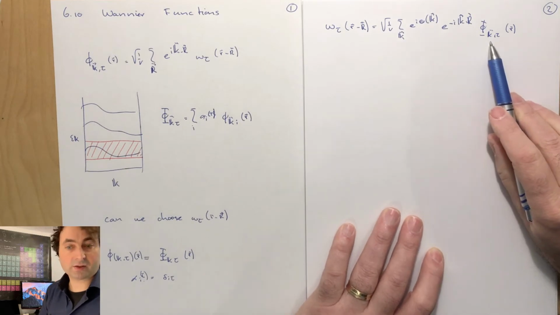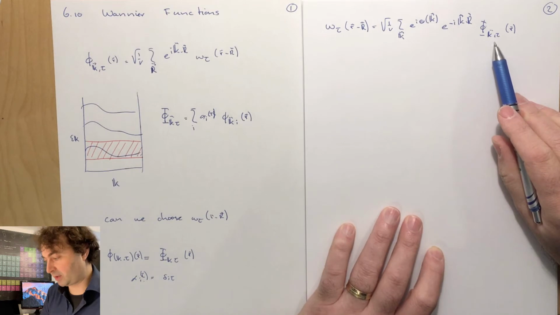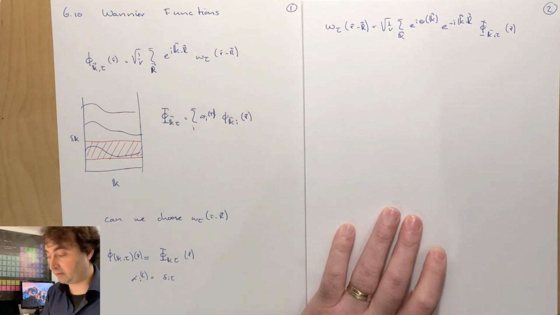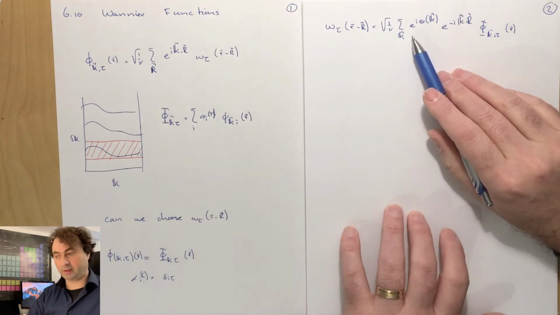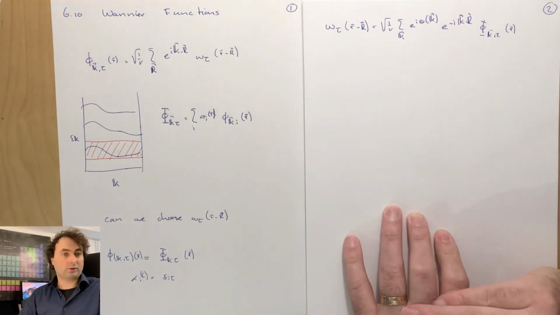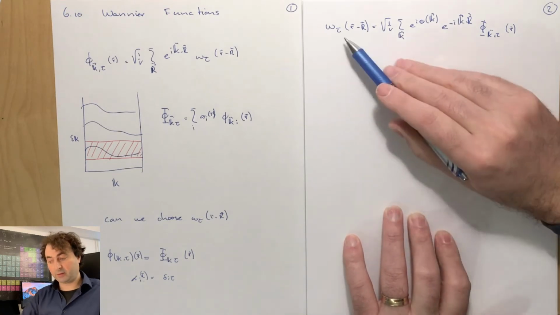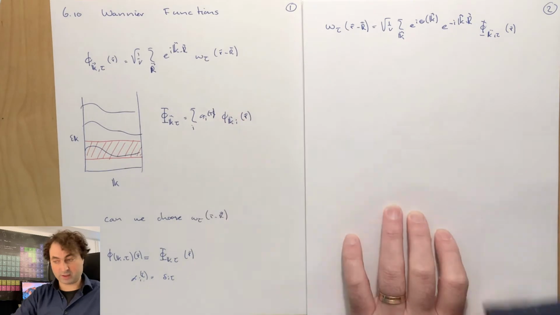Band eigenstates are defined up to a phase, or a state is represented by a wave function times an arbitrary phase. I can use that to put in an extra degree of freedom here, and I can choose this phase function arbitrarily as I like. I will always get a Wannier function that describes this band exactly.